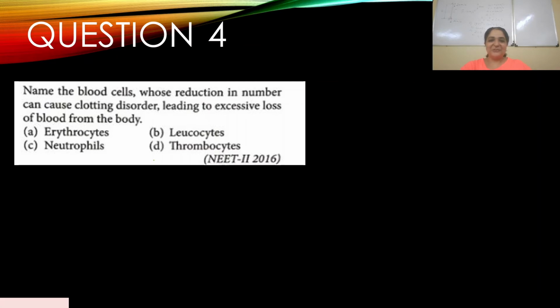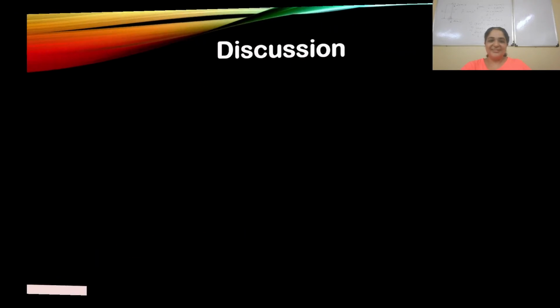Okay, so name the blood cells whose reduction in number can cause clotting disorder. D, there is no doubt about it. This is a fact. Okay, thrombocytes, also known as platelets. Okay, we look at the explanation. The answer should have been D, of course.